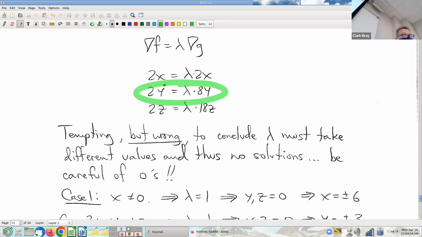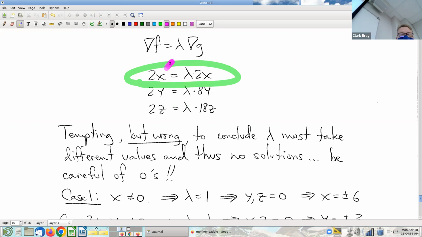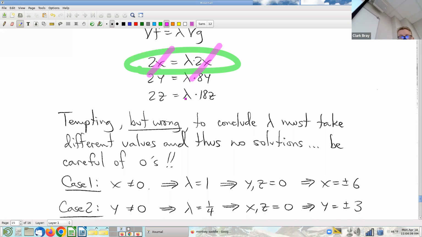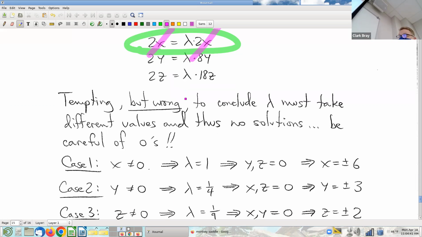Very, very tempting, but I was playing too fast and loose with the algebra. A lot of high schools are very sloppy about allowing students this move of, oh, just cancel the such and such. And so I just very easily swept under the rug that, oh yeah, I'm canceling the x's. I was assuming that x was non-zero.